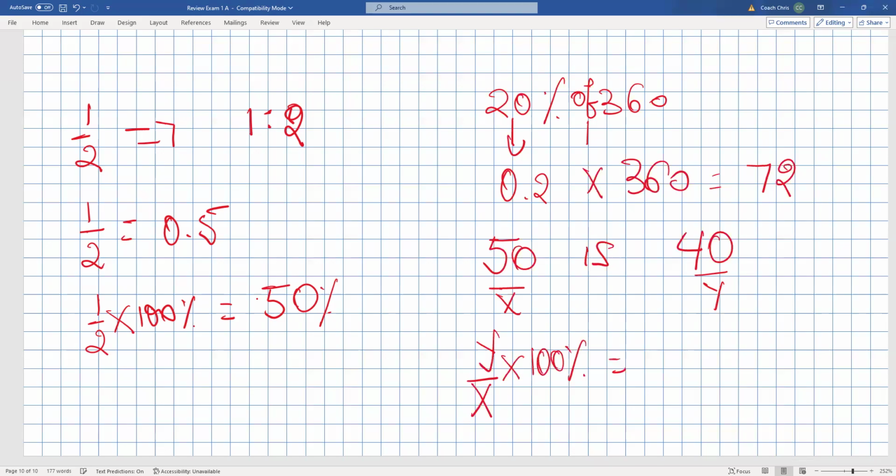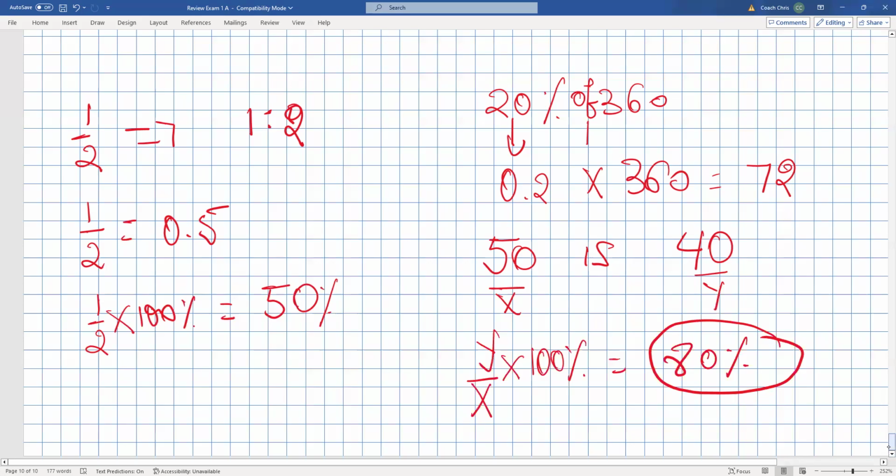So once you do that, you have 40 divided by 50, multiply that by 100%. A question like this must have a percentage sign at the end. 20% of 360, you don't have to put the percent sign at the end, because that's a whole number. But the question of what percent of 50 is 40, we are looking for what percent of 50. So your answer must have a percent sign at the end.